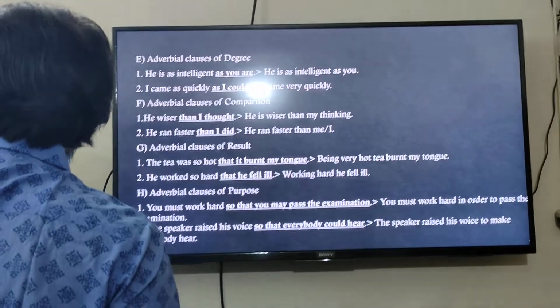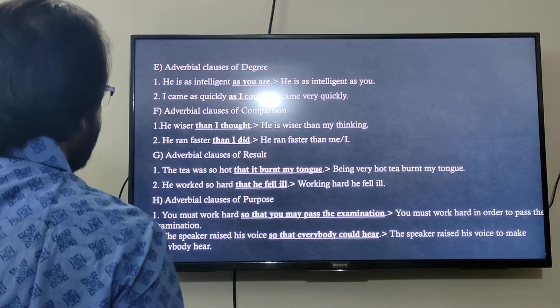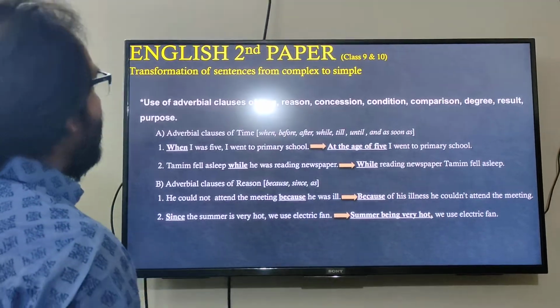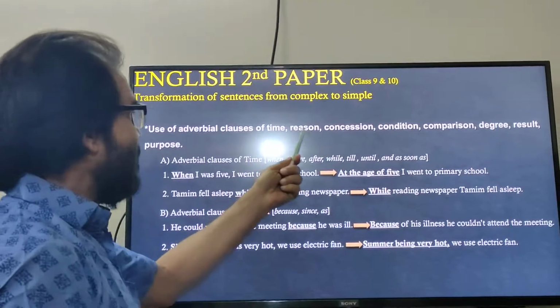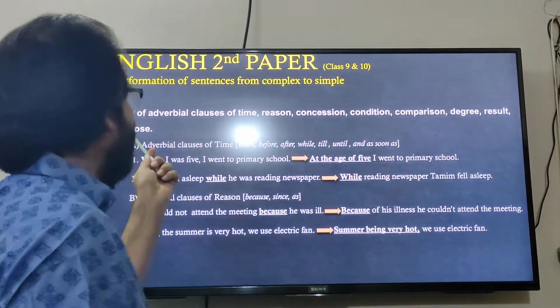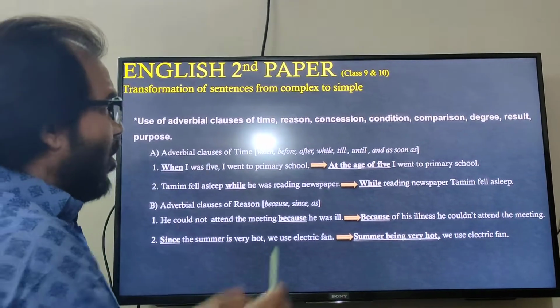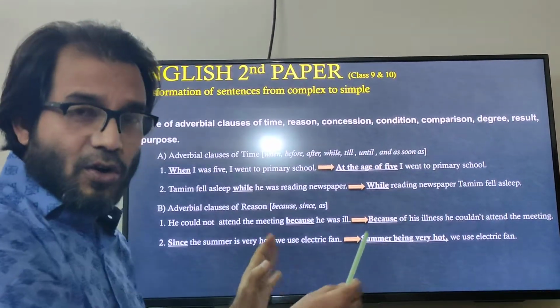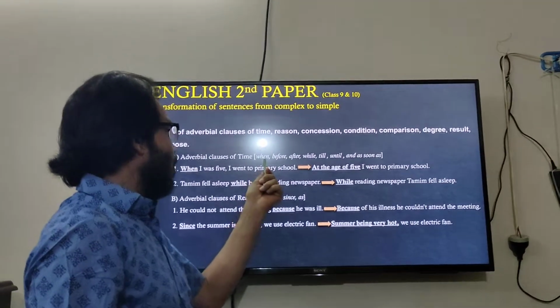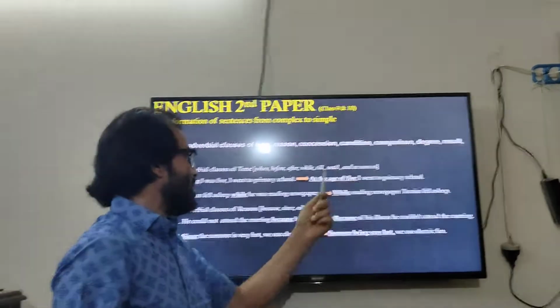Now let's see another portion. The adverbial clause expresses time, reason, concession, condition, comparison, degree, result, and purpose. And all these take some conjunction. Time clause takes the conjunctions when, while, before, till, until, after, as soon as.